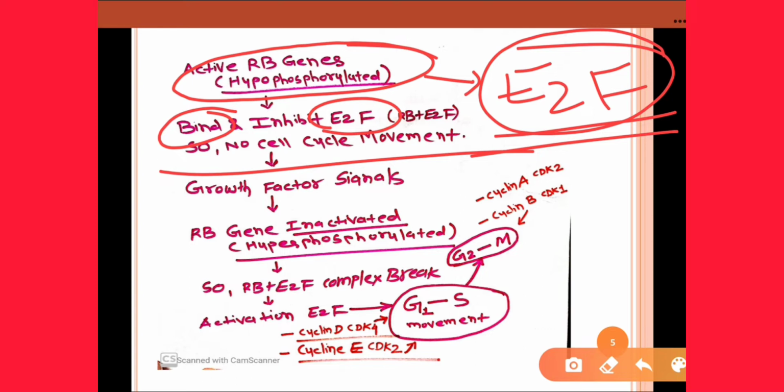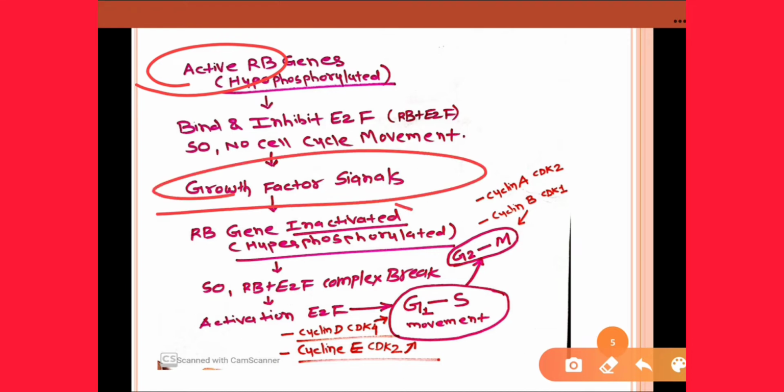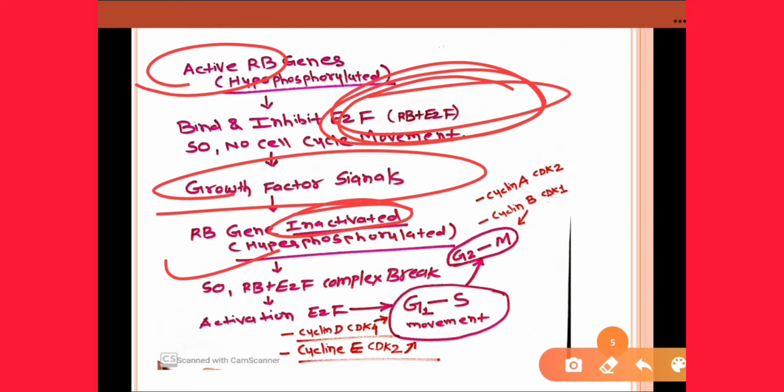But when there is a growth factor signal, when the cell has to move into the cell cycle, what happens? This RB gene becomes inactivated, right? Normally it is active, but when cell cycle movement is needed, when there is a growth factor signal, this RB gene is inactivated, and once it gets inactivated it will become hyperphosphorylated, and because of the hyperphosphorylation of RB, this complex breaks down.